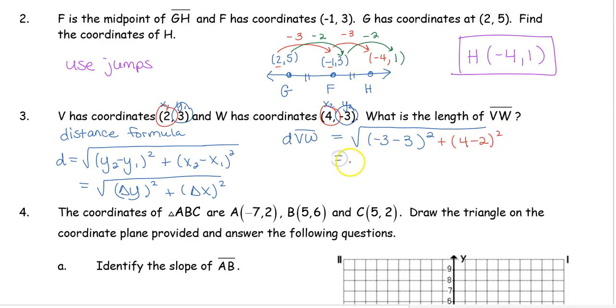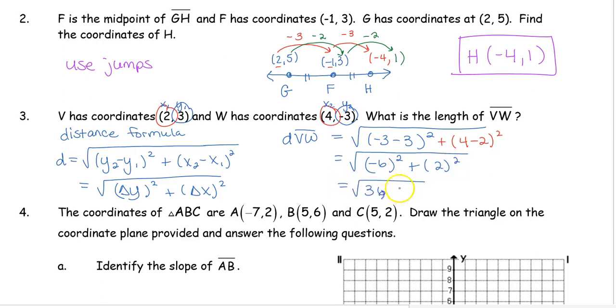We simplify that. We make sure that we simplify the entire piece inside before we evaluate that square root. So negative 3 minus 3 is going to give us a negative 6 squared. 4 minus 2 is going to give us a positive 2 squared.